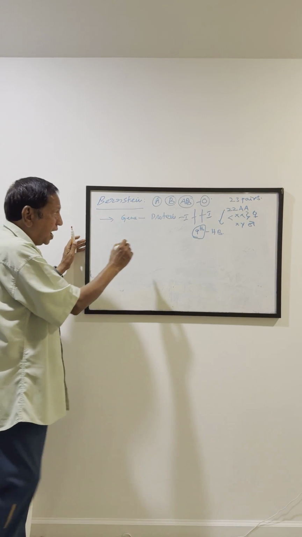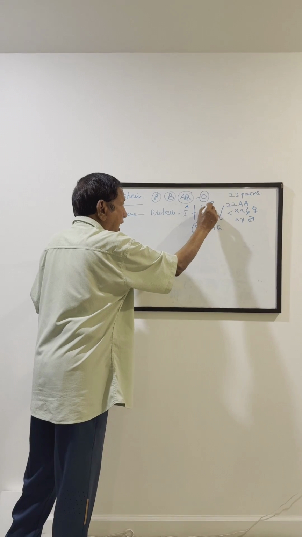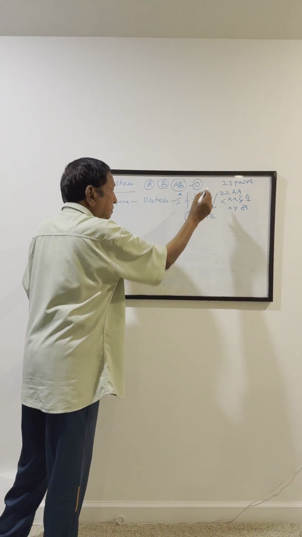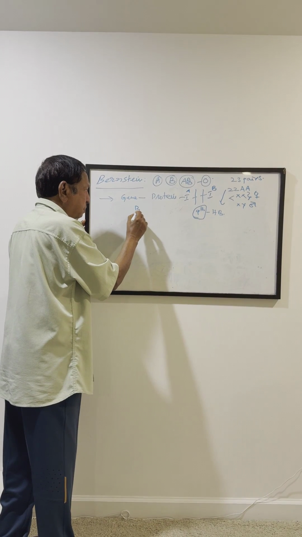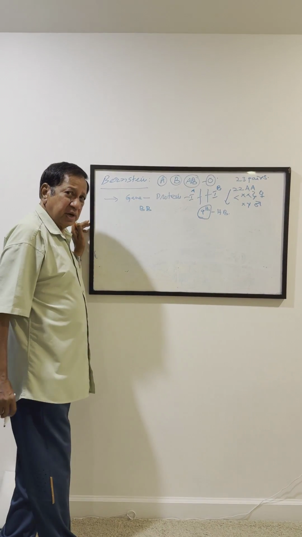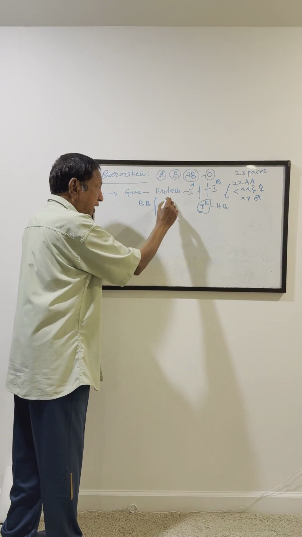Now, this gene I has either A or B. At the same locus, it may have this multiple allele, or it may have that multiple allele.